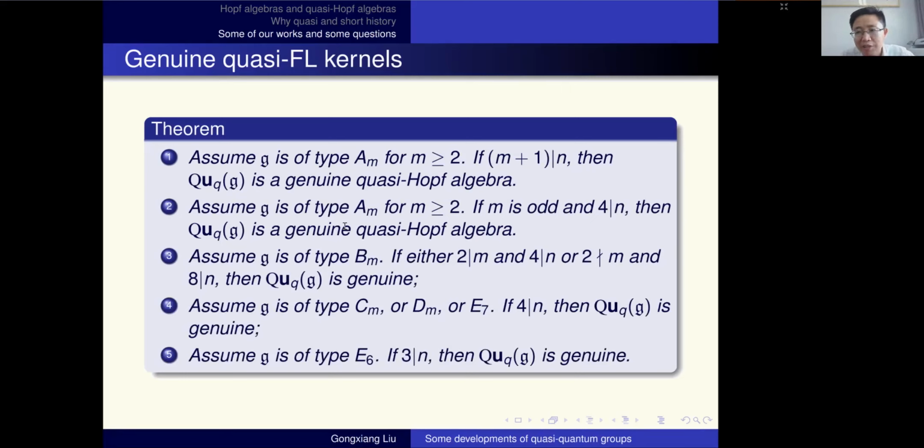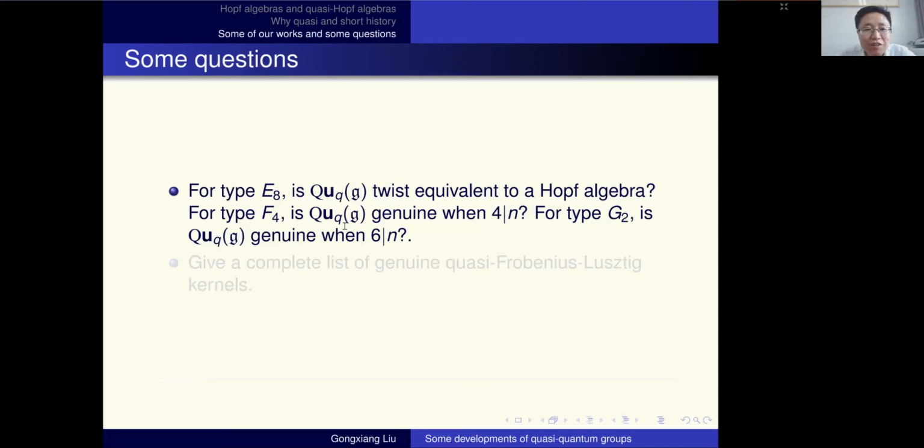But maybe you can ask me why there's no E8, F4, and G2. For these three cases, I don't know. Actually, I don't know, but I can give you a conjecture. At least I don't know how to prove this conjecture. For type E, because it's very complicated, for type E8, I think this one cannot provide a genuine case.